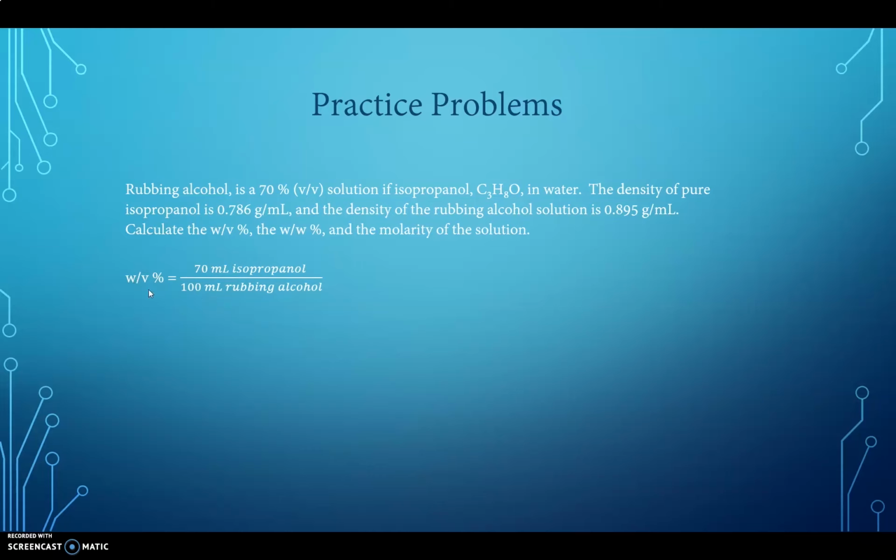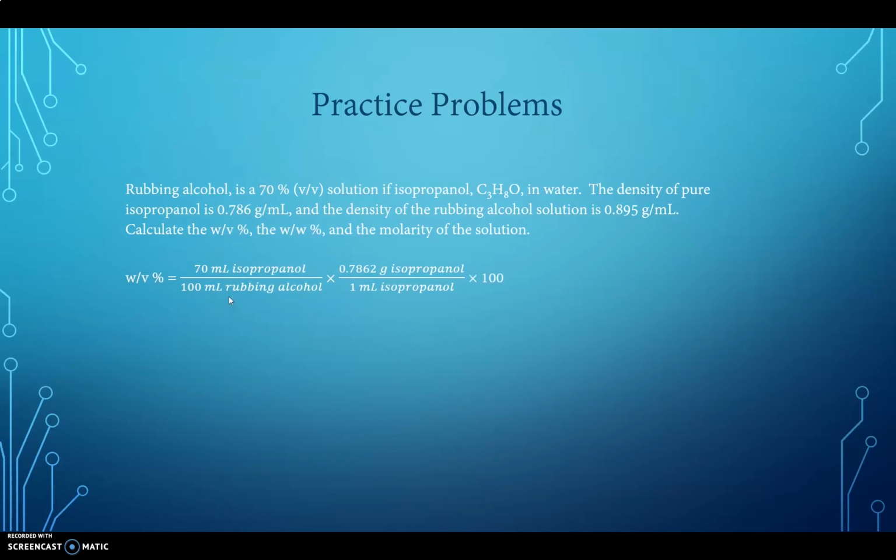And of course, to change milliliters into grams, we need the density. So in this case, we're going to use the density of the isopropanol itself, not the alcohol solution, because we're trying to change the numerator. So we multiply it by the density of the isopropanol, and then simply multiply by 100 to get our percent.